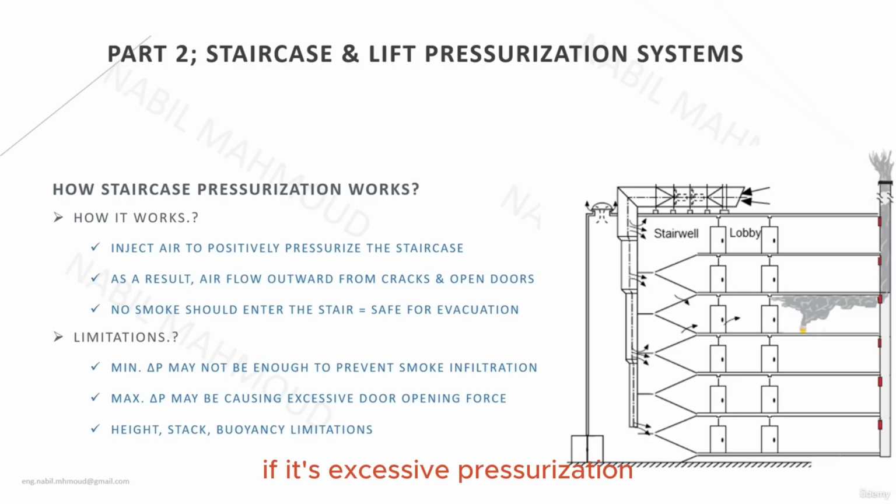If it's excessive pressurization, in some cases you will not be able to open the door because the pressurization inside the staircase is too much, and this can be a problem for people who are relatively young or of old age. And we are going to cover this in the pressure limitation section of this part of the course.